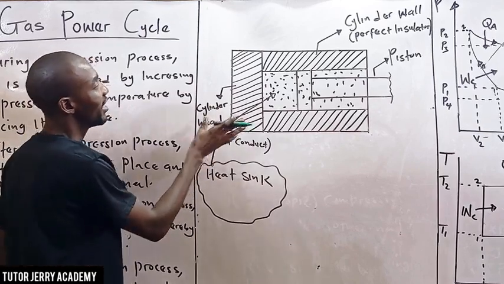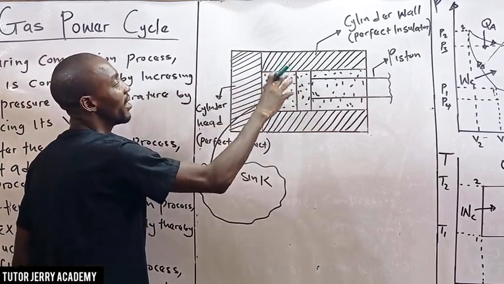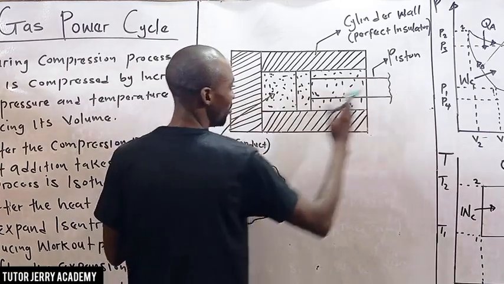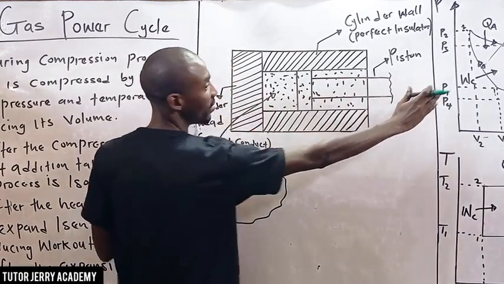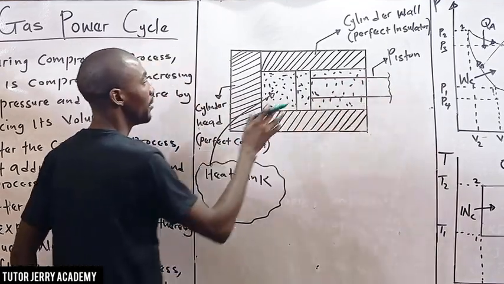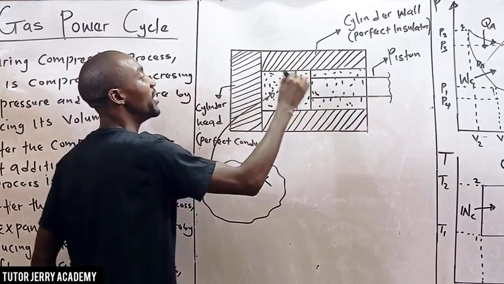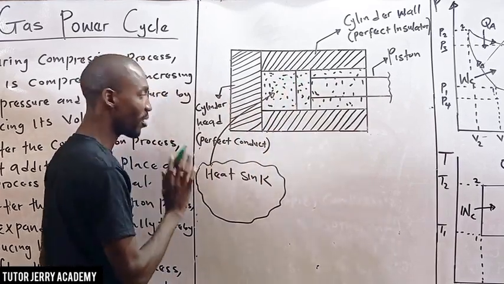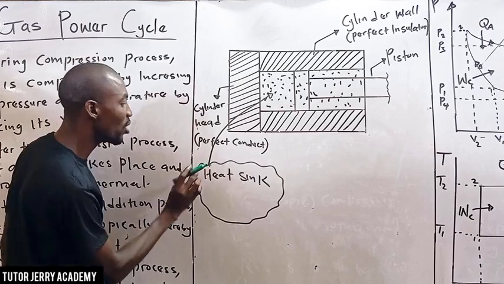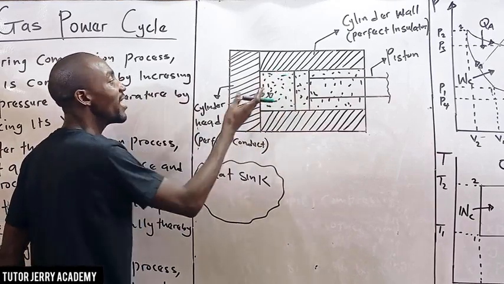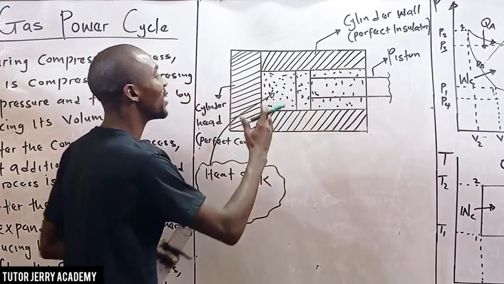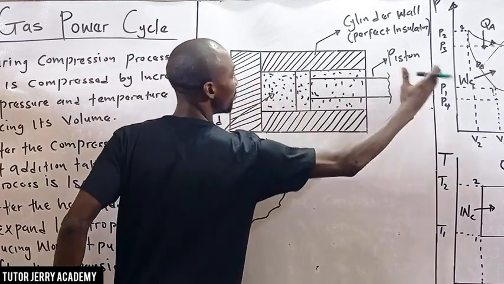The air inside the Carnot engine receives heat and expands, thereby pushing this piston backward.